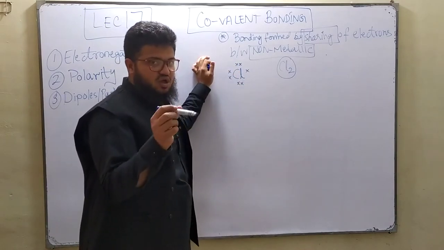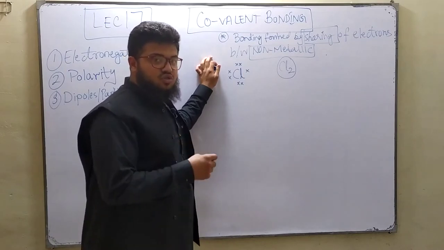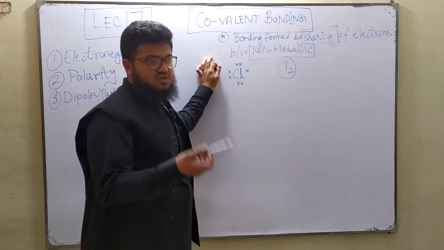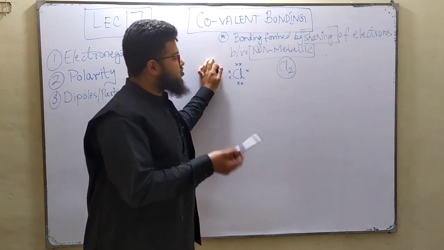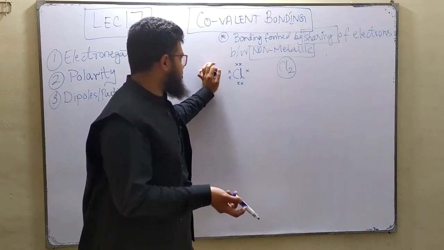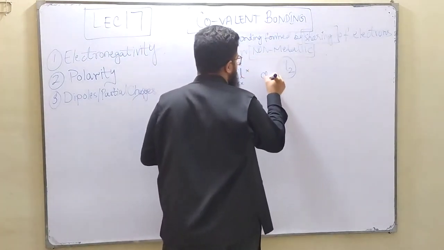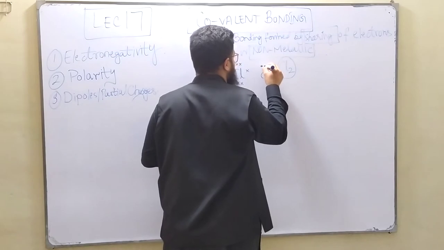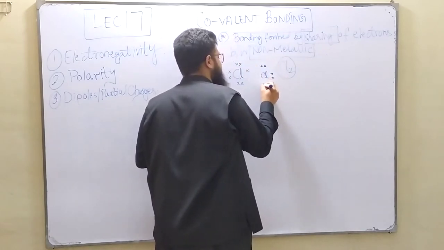It needs 1 electron, and the other chlorine atom also needs 1 electron. So if both the chlorine atoms share one electron with each other, then of course both of them will have 8 electrons. I'm drawing dots to represent the electrons of one chlorine atom, and crosses for the electrons of the other chlorine atom.